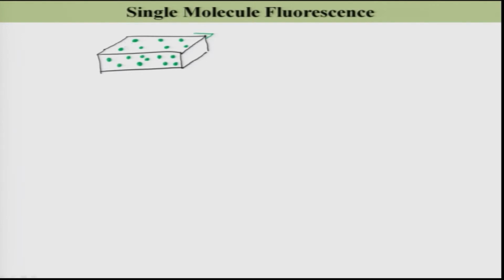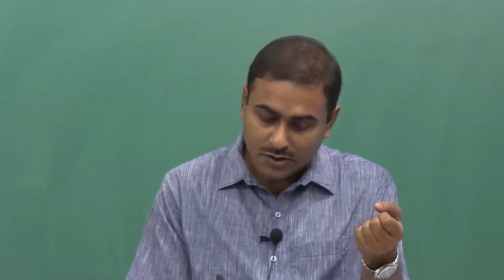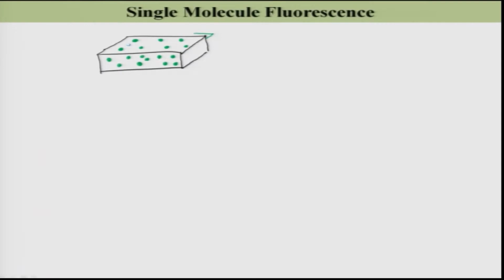The width is guided by the diffraction limited focusing, which is approximately half of the wavelength. So you will get a spot size like this, and then a depth because of the presence of the pinhole. Let us say this is your resolution. If you scan, you will see this layer of molecules, layer 1, and obviously below that there will be another layer.